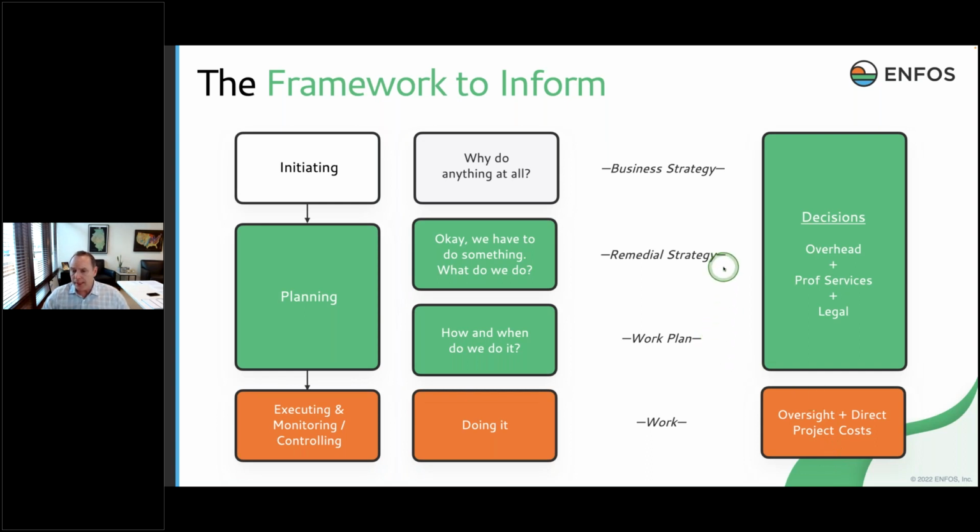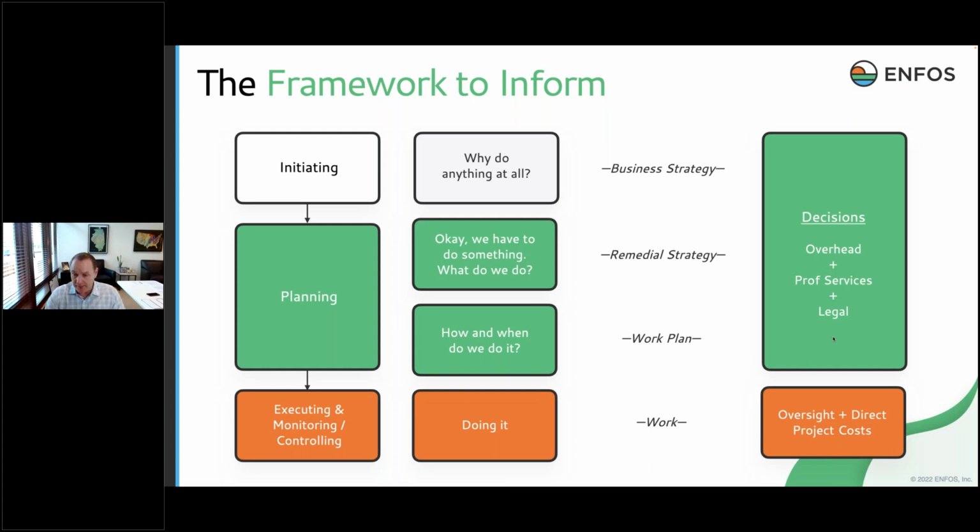Now, in the work plan, the remedial strategy, and the business strategy, there certainly are costs. And the decisions that get made there are critical, ultimately, not only to the risk management and the liability management, but the cost structure that we're about to embark on.